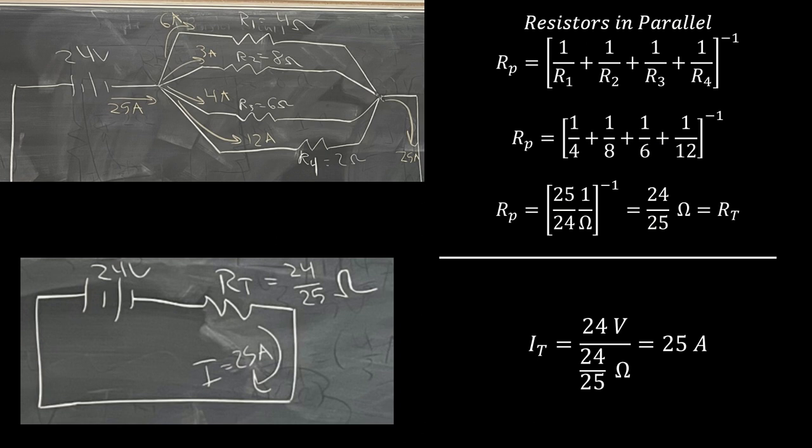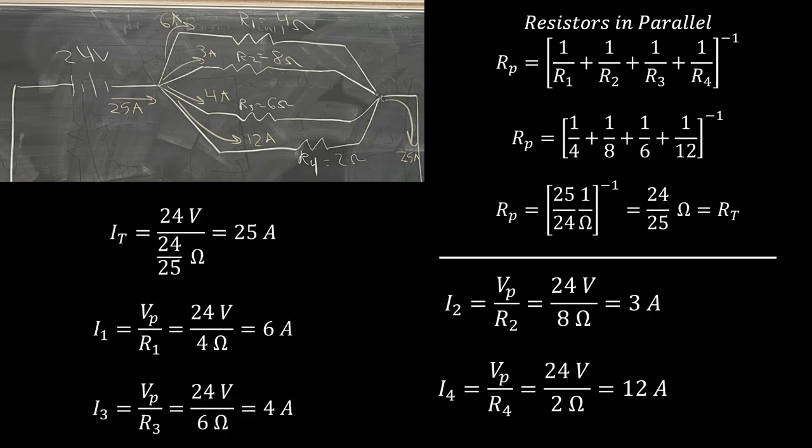Now then, what we have here is the current flowing through this compressed circuit. Because this simplified component was from parallel paths, some of that 25 amps is going to be flowing through path 1, some will be flowing through path 2, path 3, and some of the current will be flowing through path 4. And here's how we determine that information.